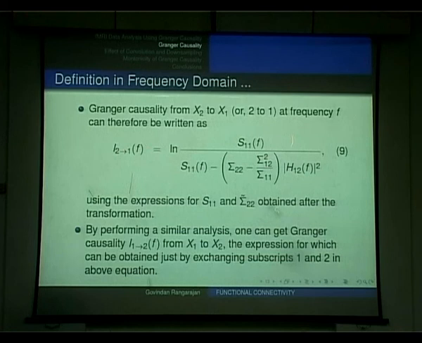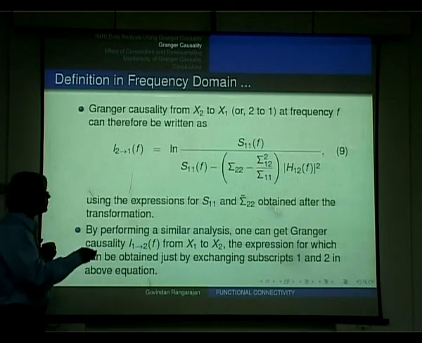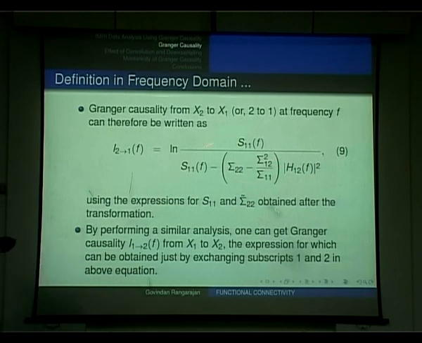This is the auto spectrum, power spectrum of process 1, and this denominator is the contribution to the auto power from process 1 itself, because I am subtracting out the contribution from the second process. So if this term is 0, then the second process would not contribute anything to the power of the first process. The numerator and denominator would be equal, and Granger causality would become 0.